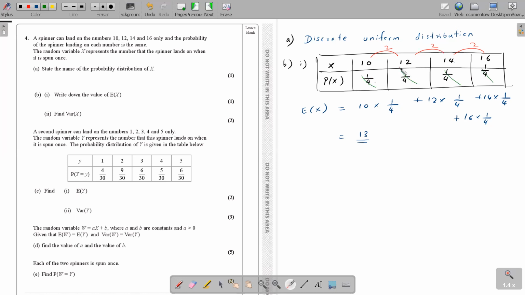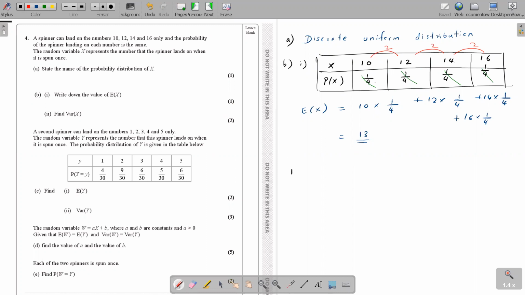All you have to do is take 10, 12, 14, 16, keeping a gap of 2. The middle is between 12 and 14, which is 13. You could write that answer 13 just like that, because can you see how many marks they have given? Only 1 mark. When it's 1 mark, it should be very obvious and straightforward. You don't have to do a calculation. So you can directly write by symmetry E(X) is 13. Otherwise you can do it the other way, it's fine.